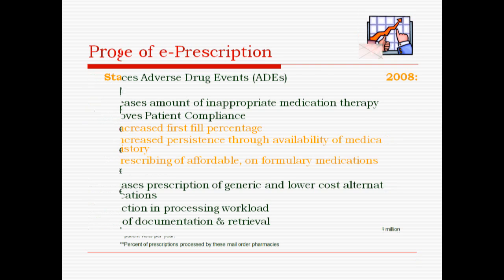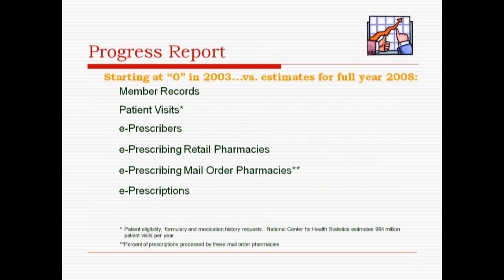So these are a few scopes of electronic prescription. Now the progress report of electronic prescription, starting from 0 in 2003 versus the estimate of full year 2008, is just a very brief data in the terms of member records, patient visits, electronic prescriber retail pharmacies, electronic prescriber mail order pharmacies, and electronic prescriptions.